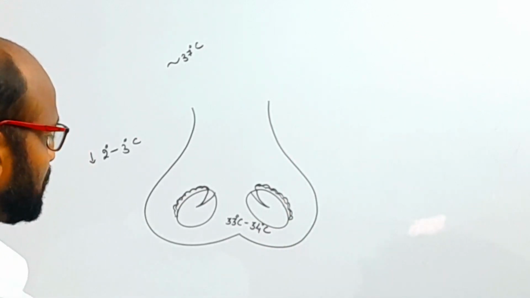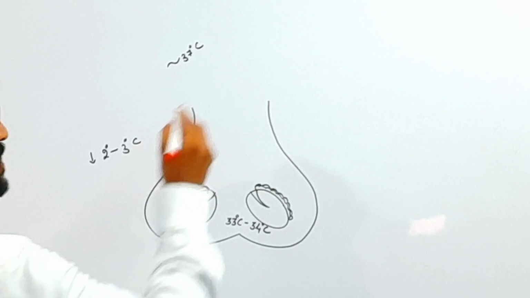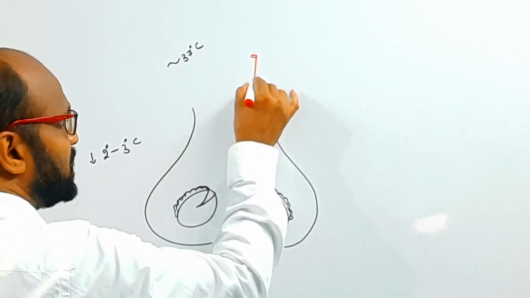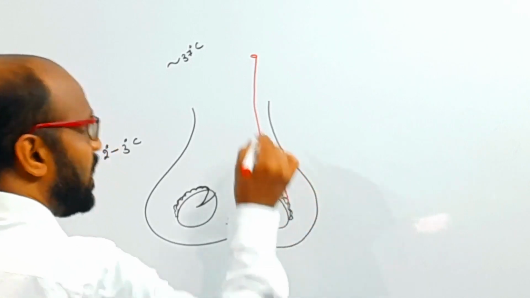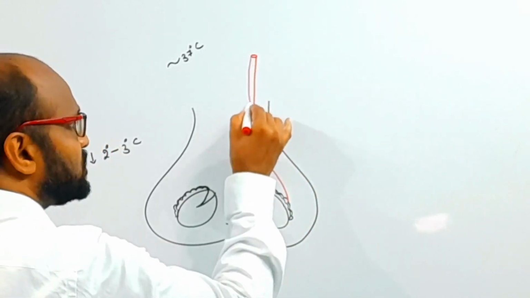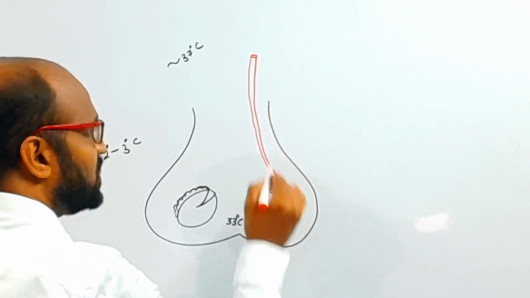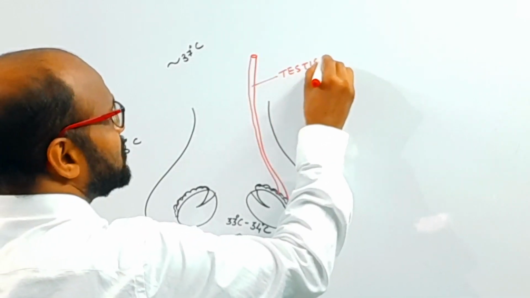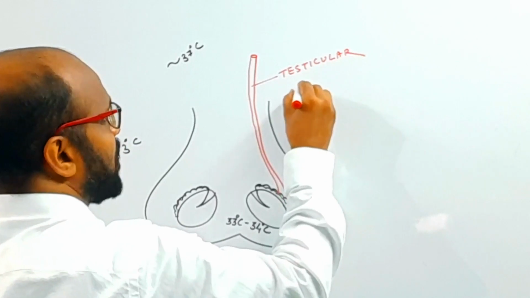But the testis receives blood from the arterial blood supply. Suppose this is the testicular artery.